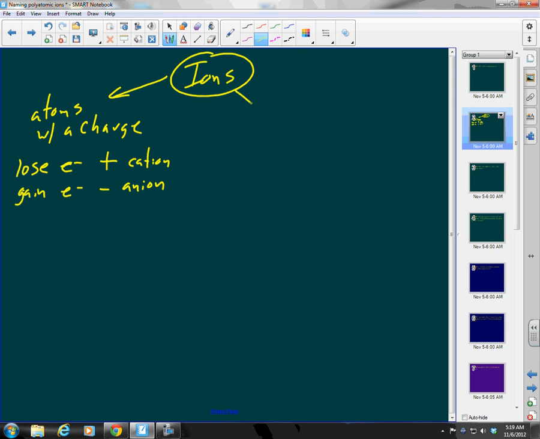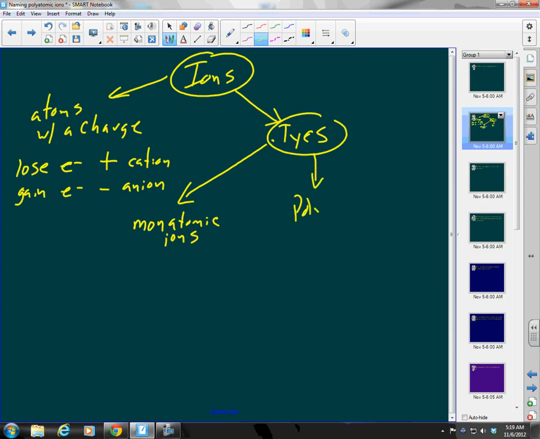Now, we have types of ions beyond this. We have monatomic ions, and we have polyatomic ions. Now, monatomic, what do you think monatomic is?